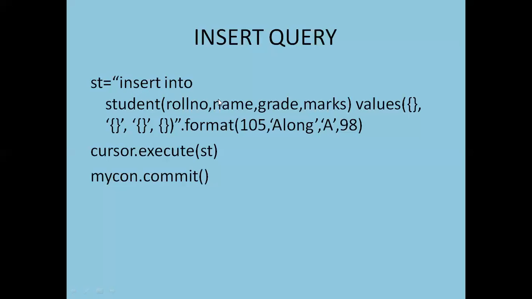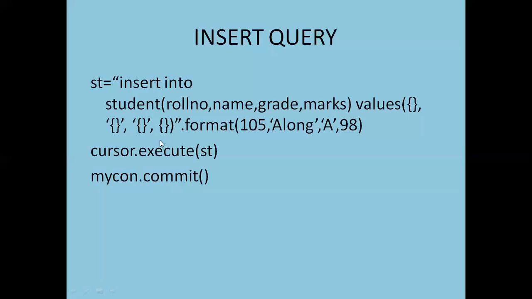In my table, these are the column names: roll number, name, grade, and marks, and values is the keyword. The roll number is going to store a number. The name is going to store a string, so it is quoted, and grade is also quoted, because it's going to store a string like A, B, or C. Marks is an integer value, so I don't need to put a quote.